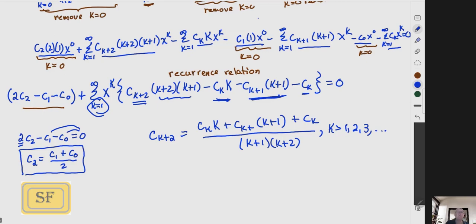We might be able to simplify there. Let me see, what did I do? I forgot the 1 here. But notice that we do have like terms in the numerator. These 2 terms, c sub k times k plus c sub k, we can factor out c sub k. That gives me k plus 1. And now I have a k plus 1 in common.